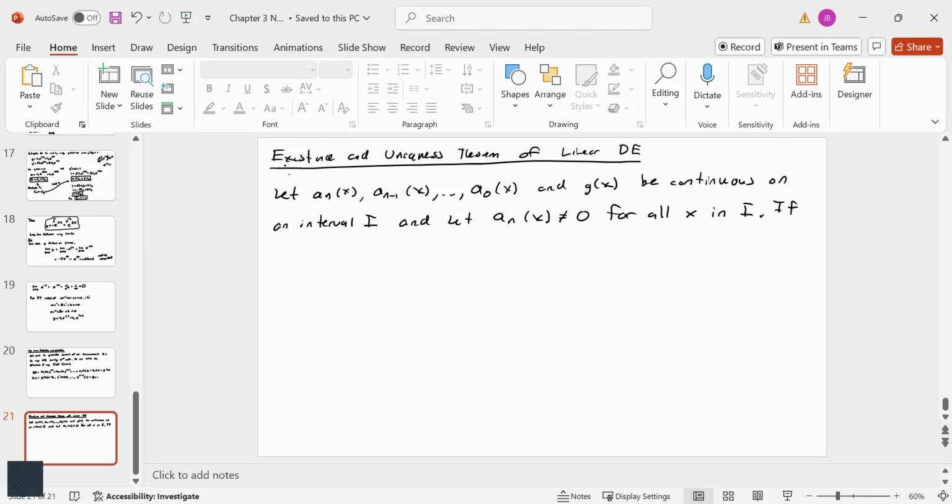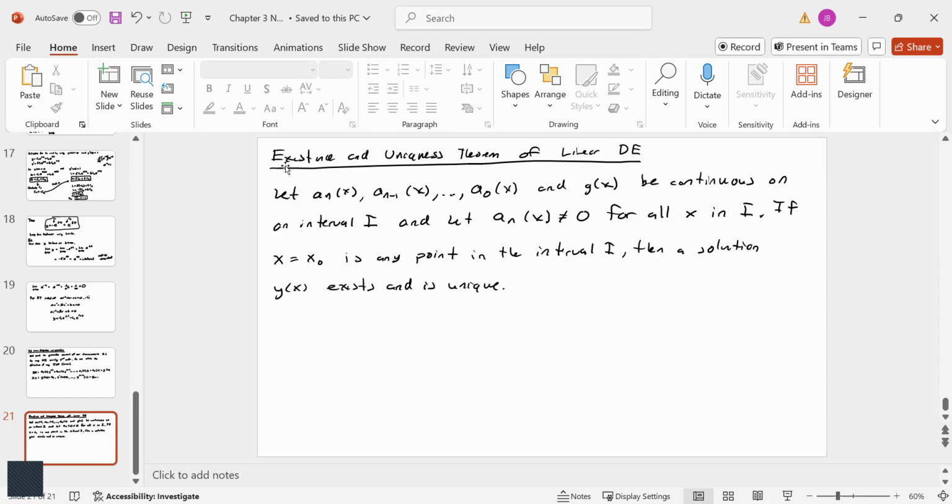If x equals x naught, your initial condition value, is any point in the interval I, then a solution y(x) exists and is unique.